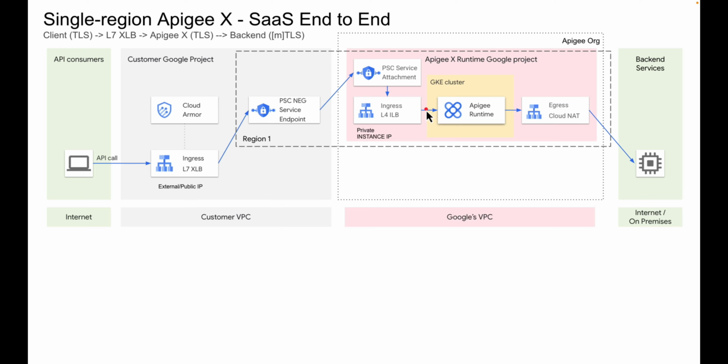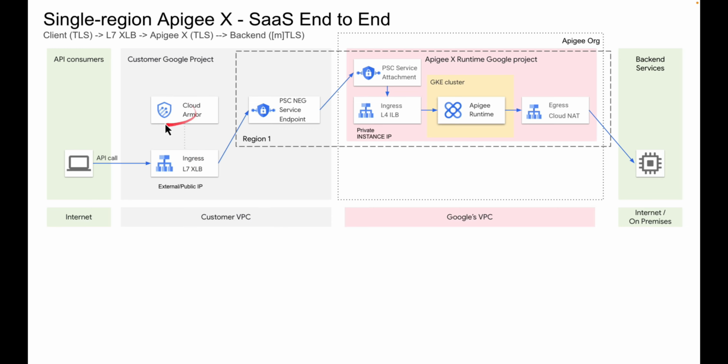And you can use this service attachment in order to create a communication link based on a Private Service Connect network endpoint group that will, through an endpoint, use the service attachment exposed by Apigee to create a communication link. And this PSC network endpoint group can be used from an external load balancer in order to give again an entry point to access the Apigee runtime.